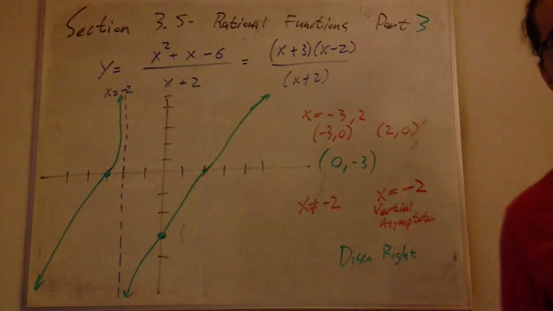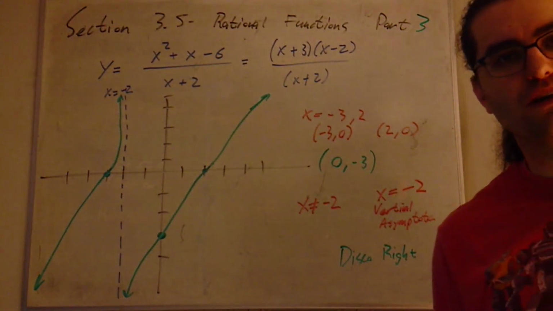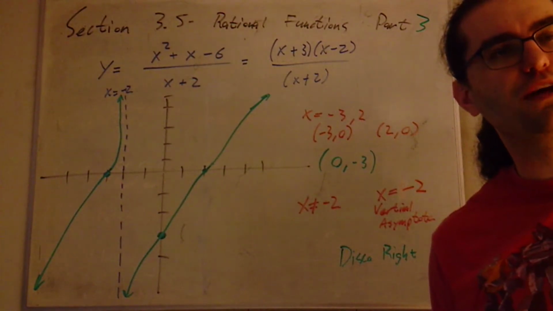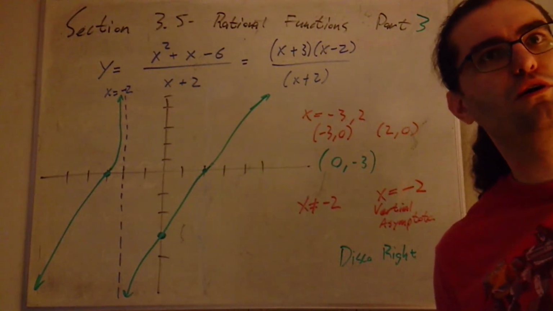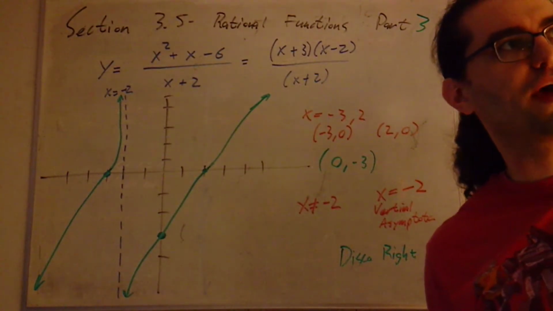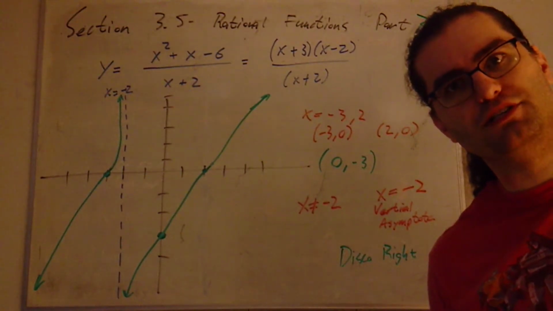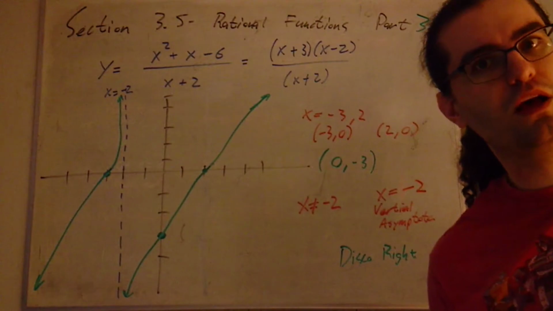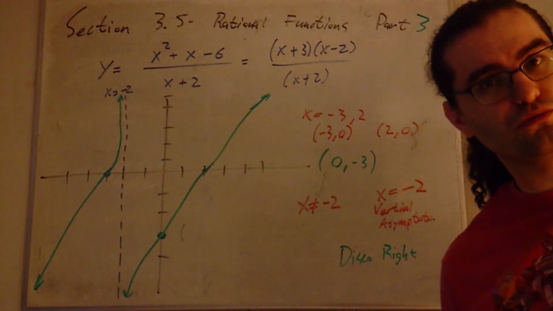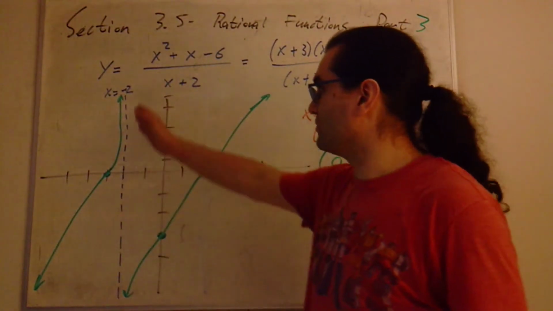I said in an earlier video that asymptotes were one of the most misunderstood concepts in pre-calculus, because when I ask most people what an asymptote means, they say that an asymptote is a line that you cannot cross. And that is partially true. You cannot cross a vertical asymptote.